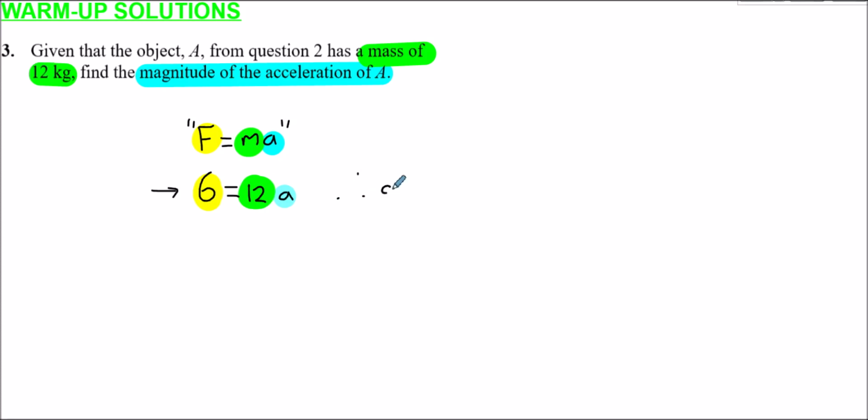So therefore a is just going to be 6 over 12, 6 divided by 12, which is 0.5 meters per second squared. And that's it for that question.